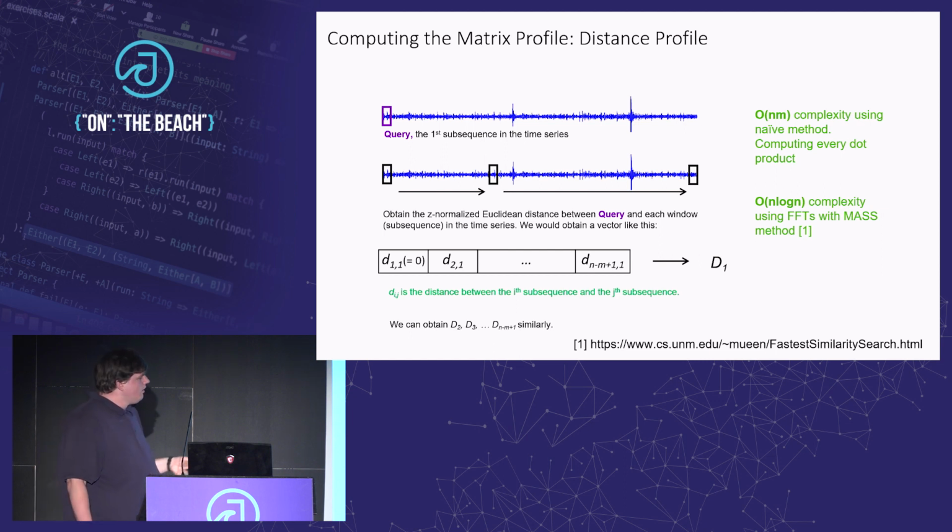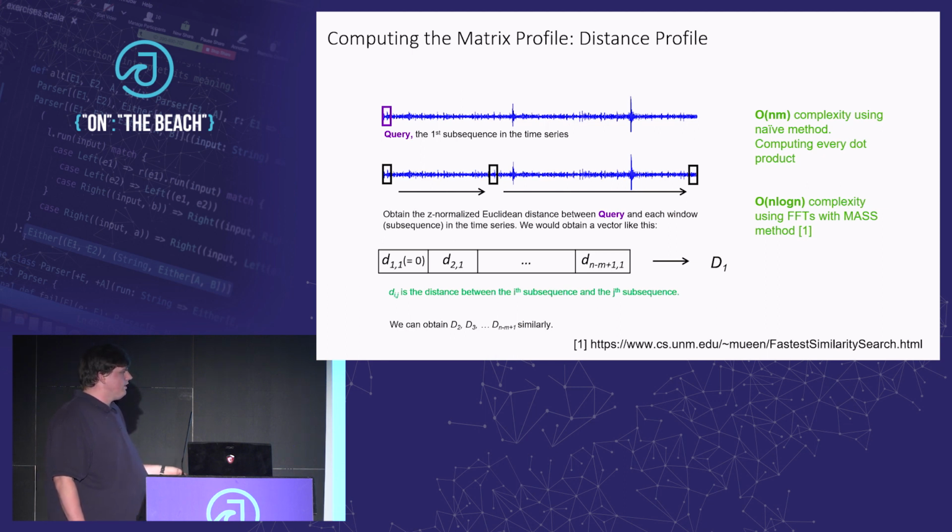And the index. You can do this in O of n m complexity, where m is the subsequence length and n is the length of the time series, using a very naive method where you compute the dot product between every sequence. You can also do this in n log n complexity by using FFTs.